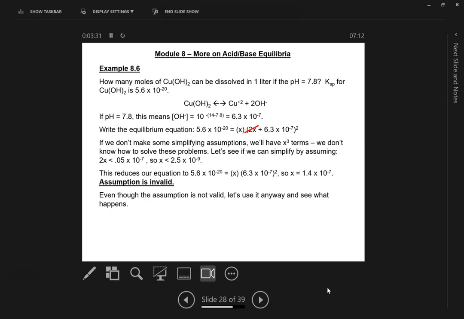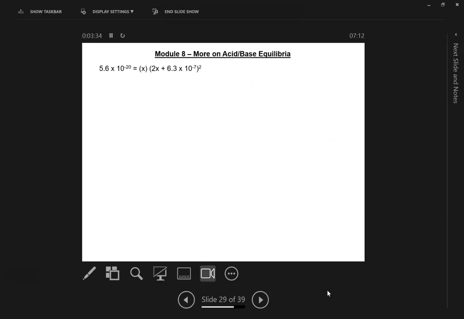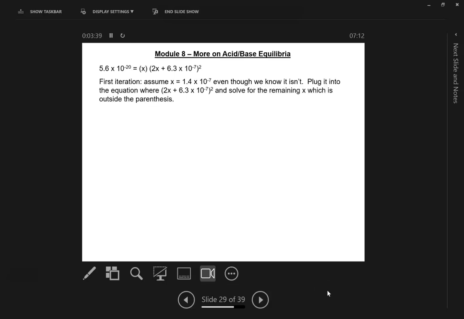Let's see what happens. Here I've rewritten my equation at the top of the page, so I've got room to work. We're going to assume that x is 1.4 times 10 to the minus 7th, even though we know it's not. We're going to plug it into the equation where 2x plus 6.3 times 10 to the minus 7th squared, and we're going to solve for the other x, which is outside the parentheses. So when we do that rearrangement, we get that x is 5.6 times 10 to the minus 20th divided by that rather large term at the right.